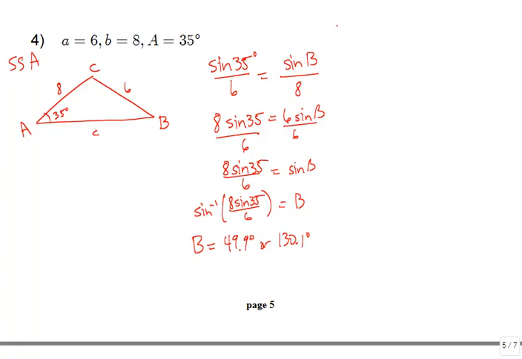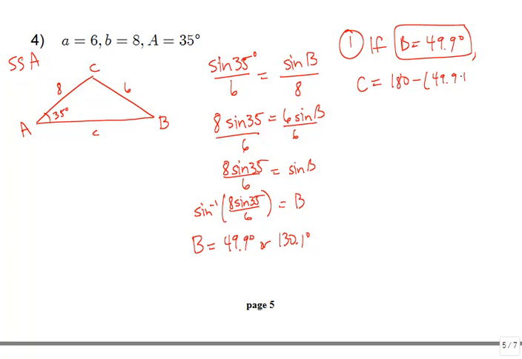So first case, if angle B is 49.9 degrees, what does that force angle C to equal? Well, it would be 180 minus angle B and angle A added together. And if you punch that into your calculator, that is going to give you 95.1 degrees, which is valid.